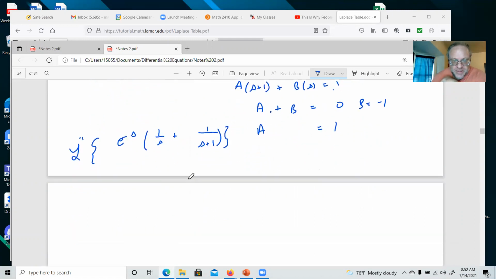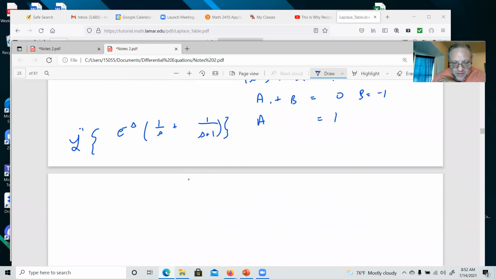So recognizing the 1 over s part, that's a constant. So that's just going to be a unit step function of t minus 1. That's 1. So don't these match? In this case, they don't have to because we know this is a constant. What is f of t minus a when f of t is 7? It's still 7.